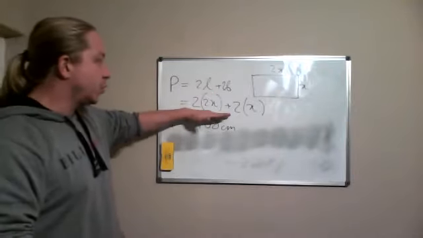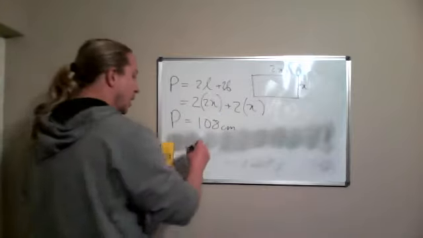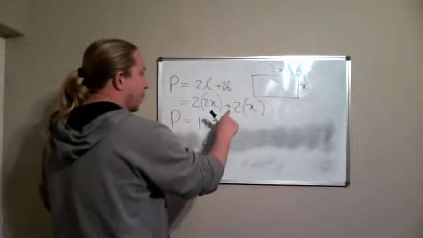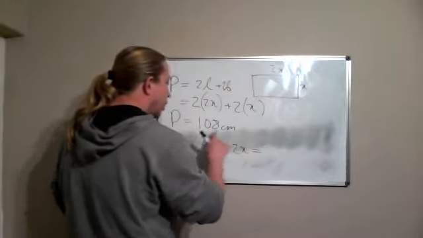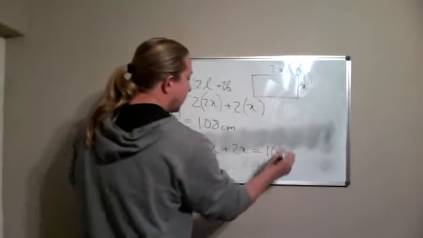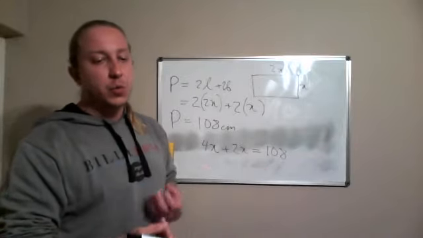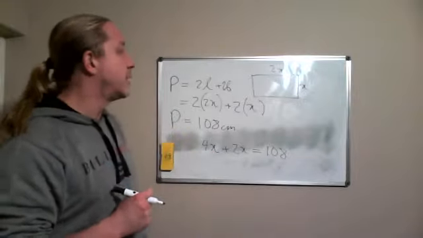But here it equals that, here it equals that. So we can equate the two. So 2 times 2x will give me 4x plus 2 times x is 2x equals 108. And this is my equation that I need to solve in order to get the x, which will tell me what is the width because the width is the x.